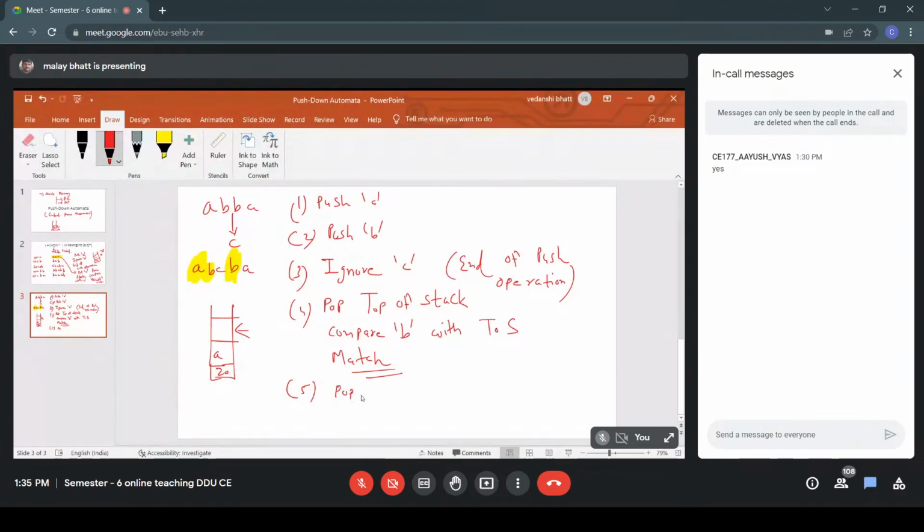We'll pop the top of the stack again, and compare A with the top of the stack symbol. So we are going to compare this A and we are popping this A. So this is our current top of the stack.